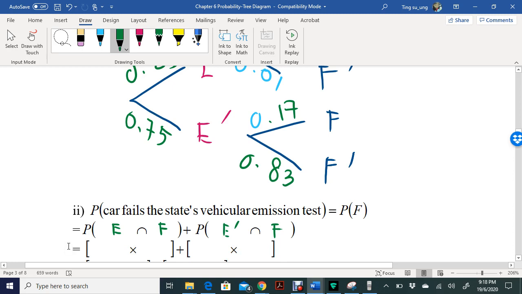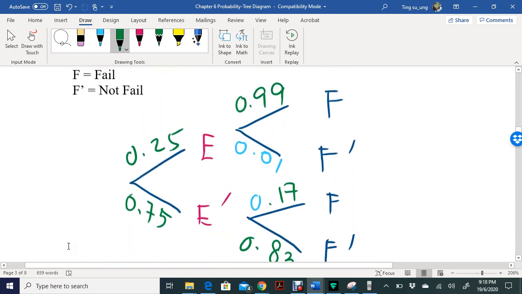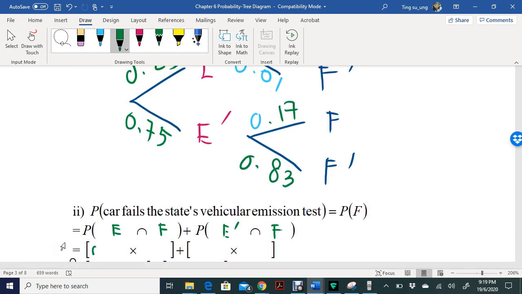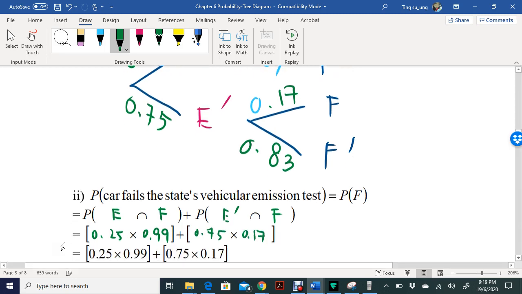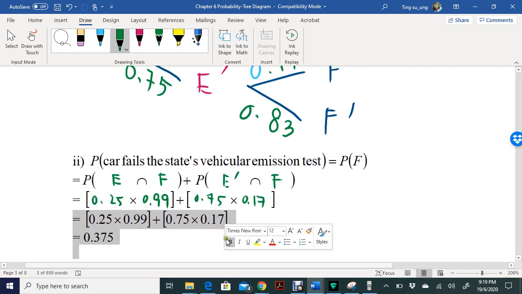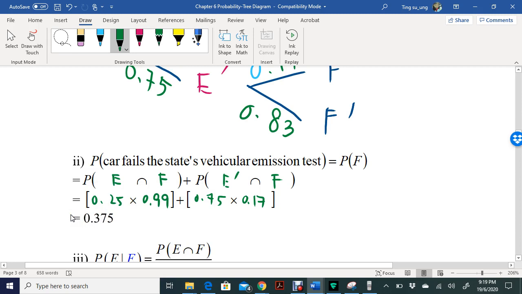After that, you get your information: 0.25, 0.99, 0.75, 0.17. So simplify it, add it up together, you have 0.375.